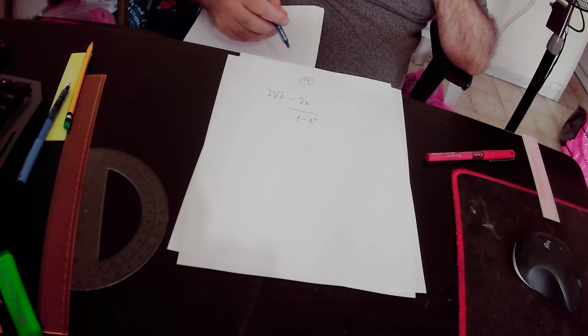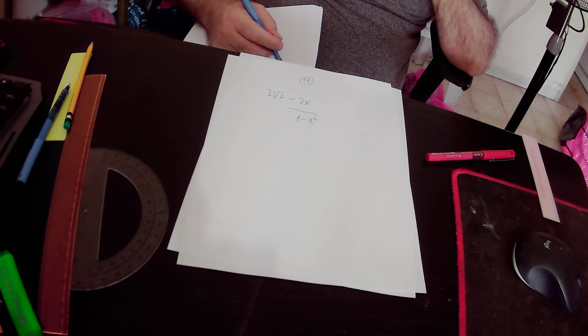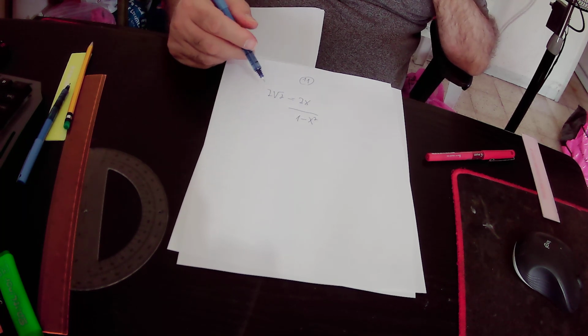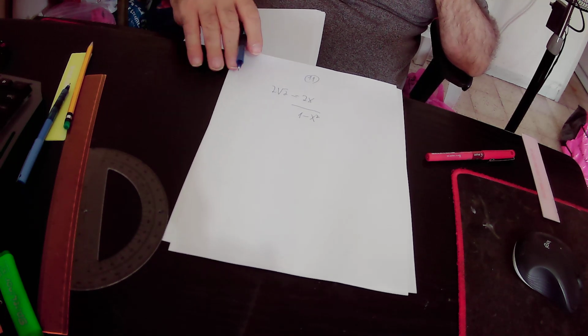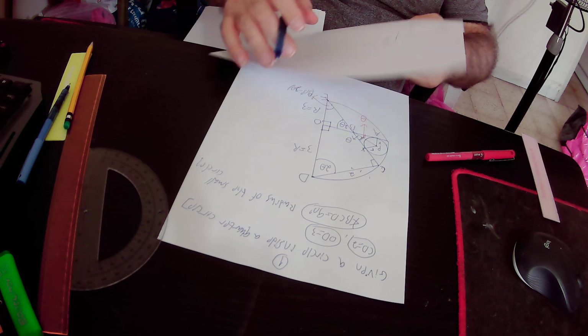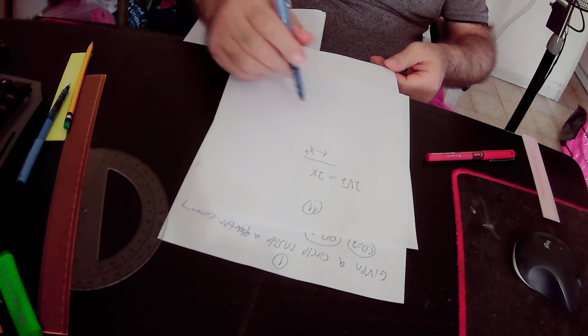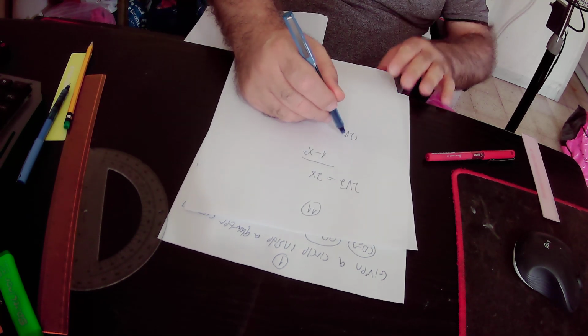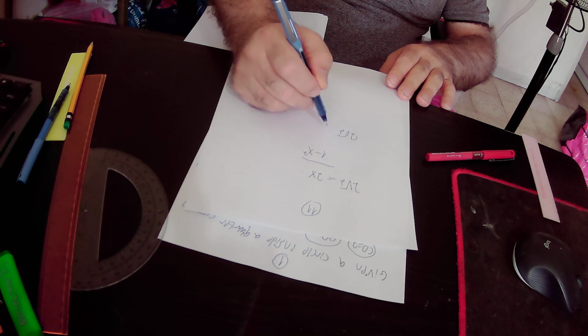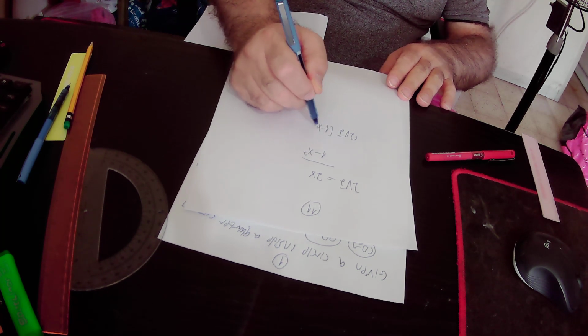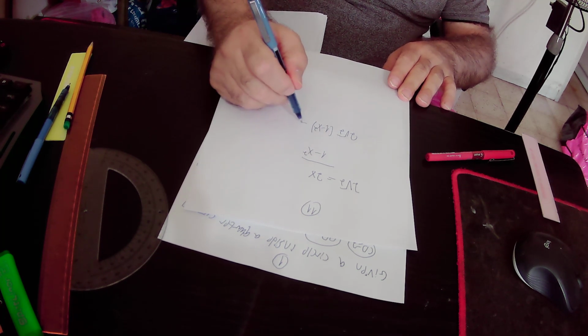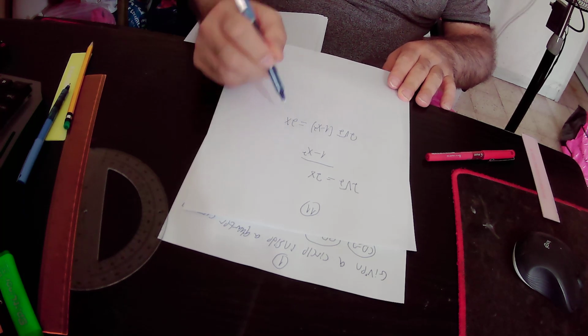Here we'll cross multiply this expression by 1 minus x squared, and we will get that 2 times root 2 times 1 minus x squared equals 2x.